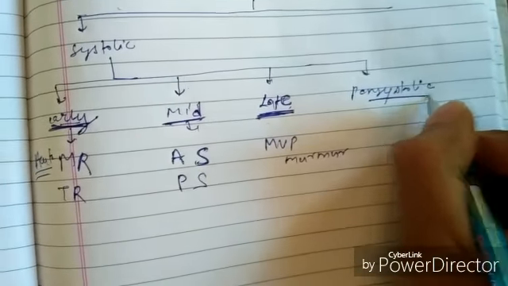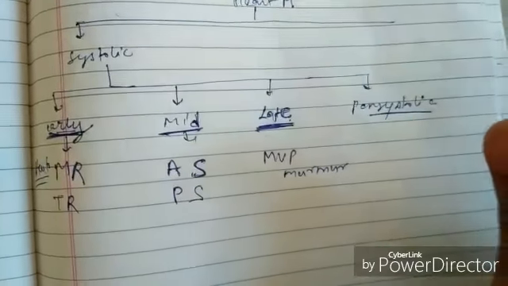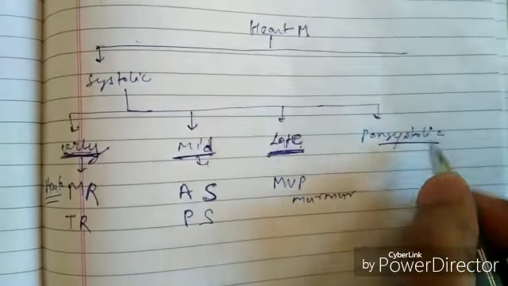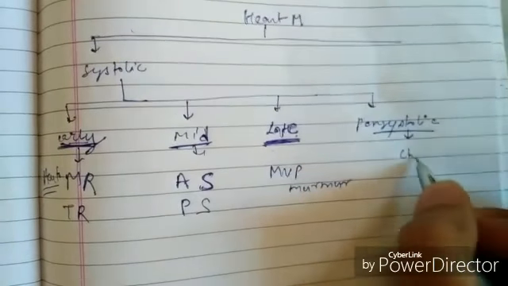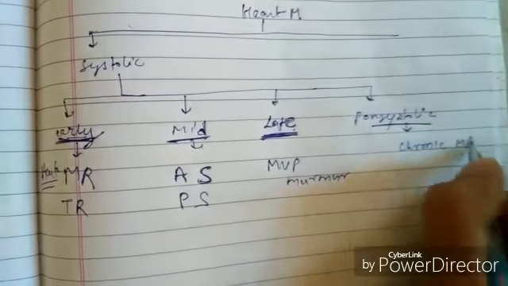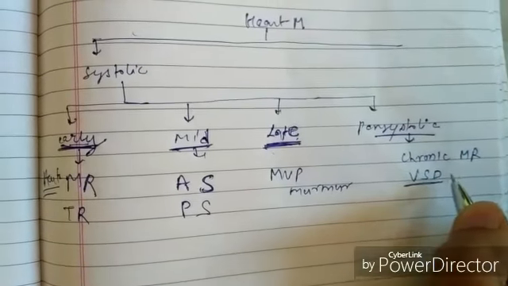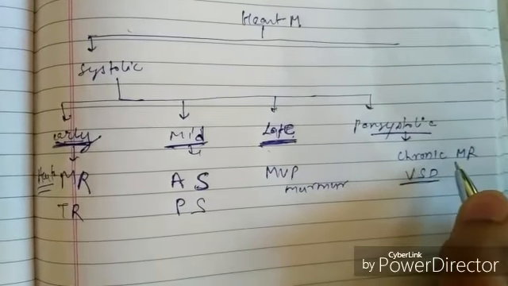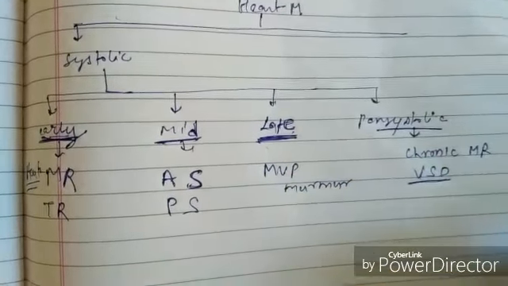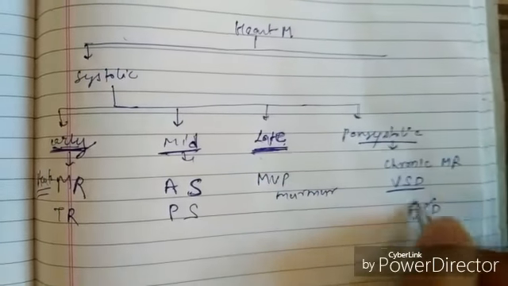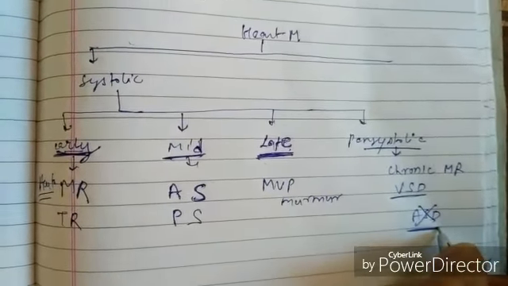Now the pansystolic murmurs. Pansystolic means the murmur occurs in the whole of systole, so there should be a hole which connects two chambers, for example a ventricular septal defect connecting the two ventricles. Throughout systole, the pressure between the two ventricles is different.